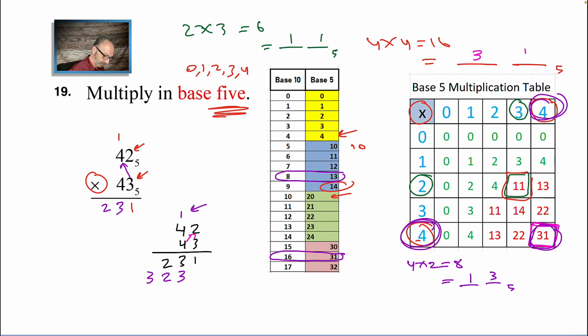Then we're going to add them up. 1 goes down. 3 and 3 is 6. But 6 is 1 five and 1 unit. We carry the 1. 2 and 2 is 4, and 1 is 5. But 5 is 1 five and 0 units, which we read as 10. 1 on top of the 3. 1 and 3 is 4, and 4 is acceptable.